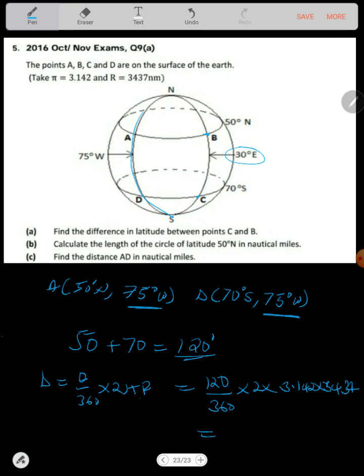If I hit the calculator, 120 divided by 360 times 2 times 3.142 times 34.37, it's going to give me 7,199.4 nautical miles.